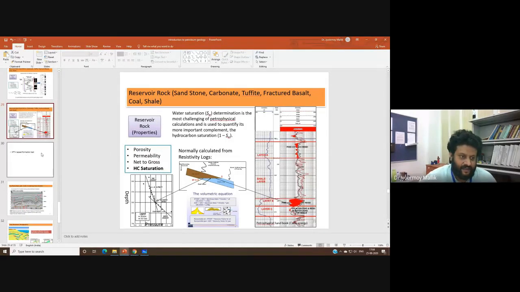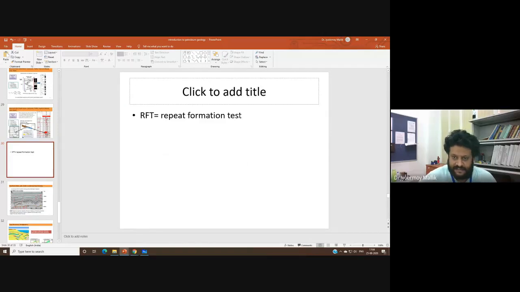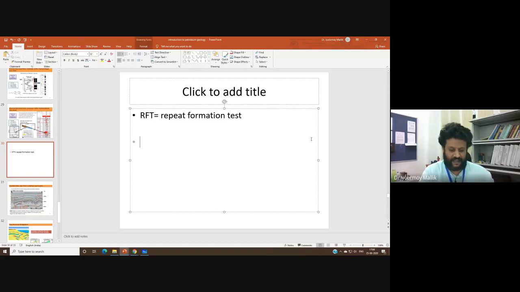gas gradient. In terms of bar, such gradients can be around 1.15 bar per 10 meter. That is your water gradient, and this is also called hydrostatic gradient.